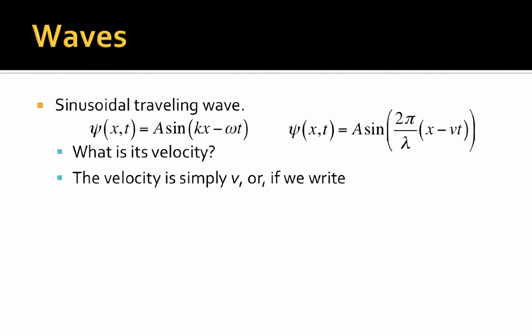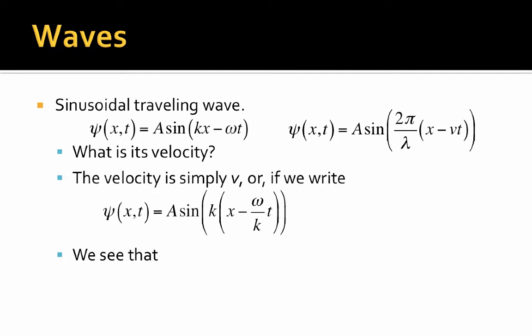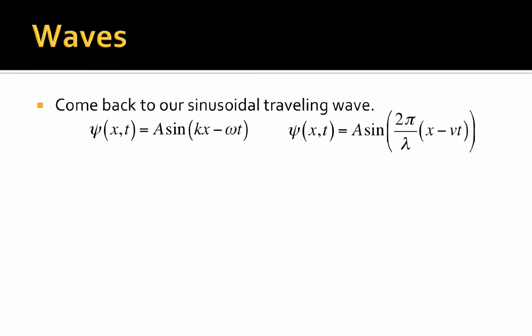But if we look at the expression on the left, we can write it as A sine k times x minus omega over k t. And that tells us that the velocity is now omega over k. We'll be seeing this, velocity equals omega over k, several times.